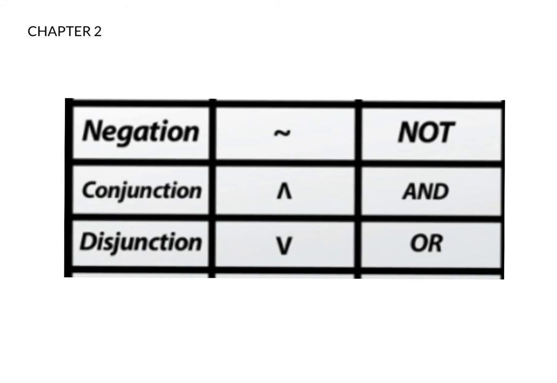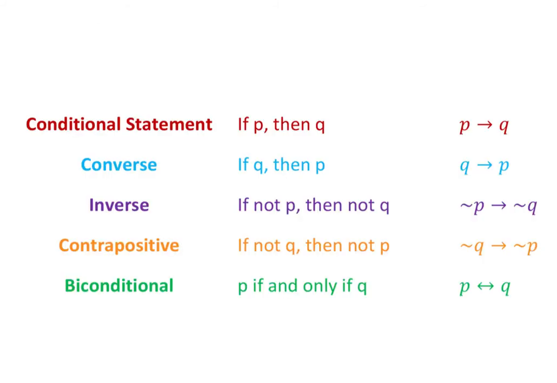So if it asks you to do a conjunction or a disjunction, or if it gives you the notation and asks whether it's true or false, you need to be able to do that. We also did conditional statements, if-then statements, conditional, converse, inverse, contrapositive, and biconditionals.